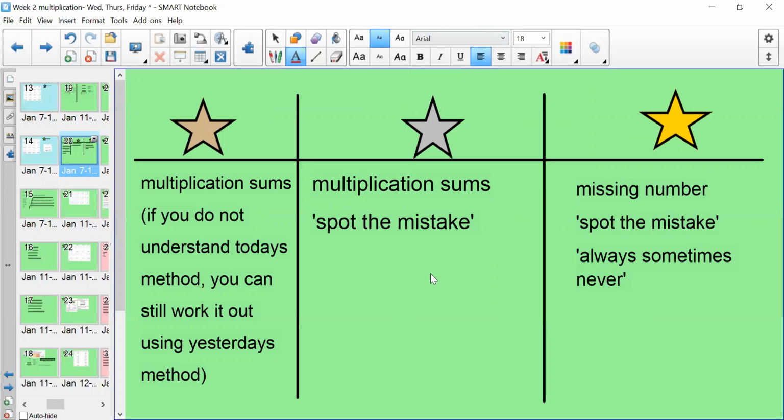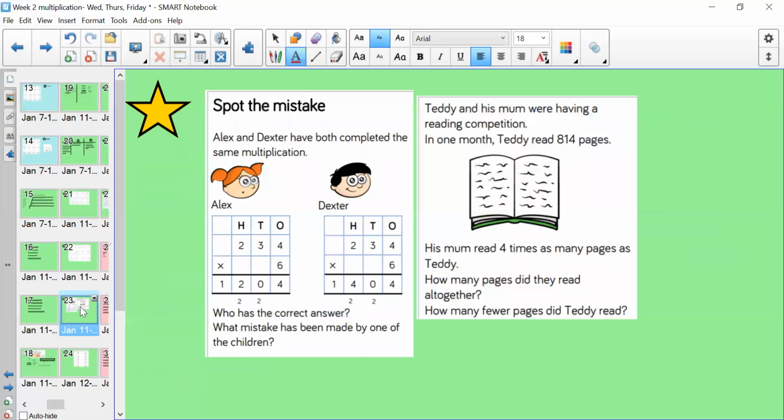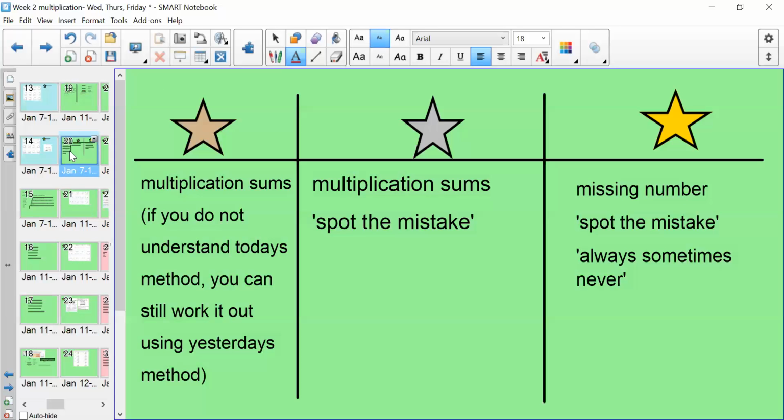And then the gold, you are not going to do any multiplication sums. You're going to do just some challenges, some missing number, because if you are choosing the gold challenge, it means you're 100% confident with multiplying 3-digit by 1-digit, and you are confident with the regrouping method like we're doing today.